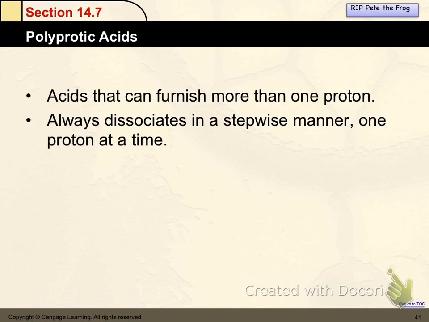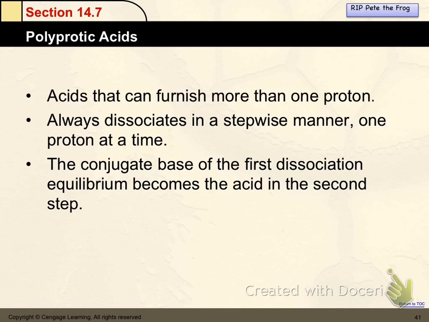One proton comes off, there's a little bit of a time delay, and then the second proton comes off. The conjugate base that is formed after the first hydrogen comes off becomes the acid in the second step. And I'll do an example problem to show that a bit more. Actually, why don't I just do that now, so you don't have to let that stew for too long.